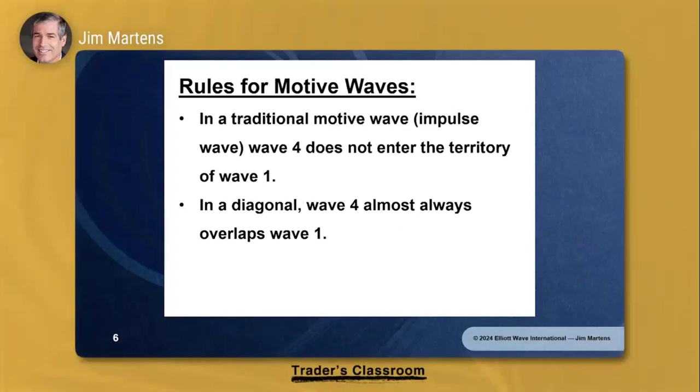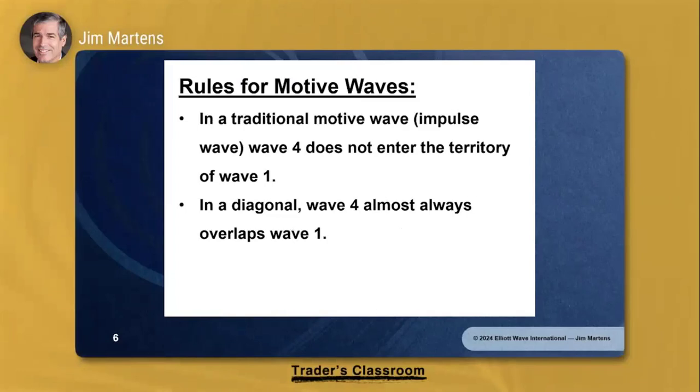In a traditional motive wave, or impulse wave, wave 4 does not enter, or at least doesn't end in, the territory of wave 1. Overall, try to avoid it, except in a diagonal triangle. In that particular pattern, wave 4 almost always overlaps wave 1, considered almost a requirement.